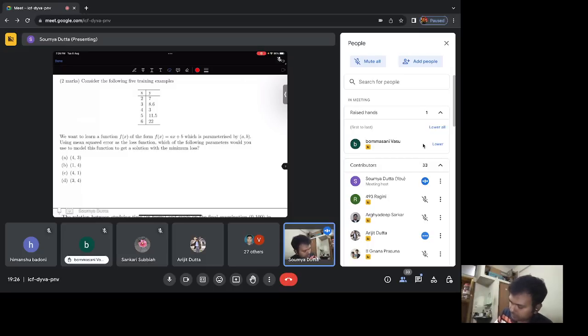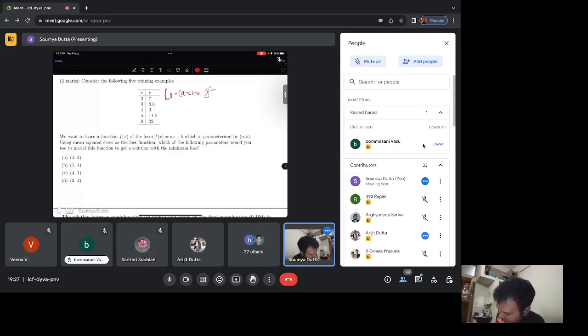Yeah, so a and b you have to find out. So it becomes (y minus (ax plus b)) whole square. That is the loss that has been asked, right? Mean square error loss. So I'll do that. I don't know whether this question is correct or not.